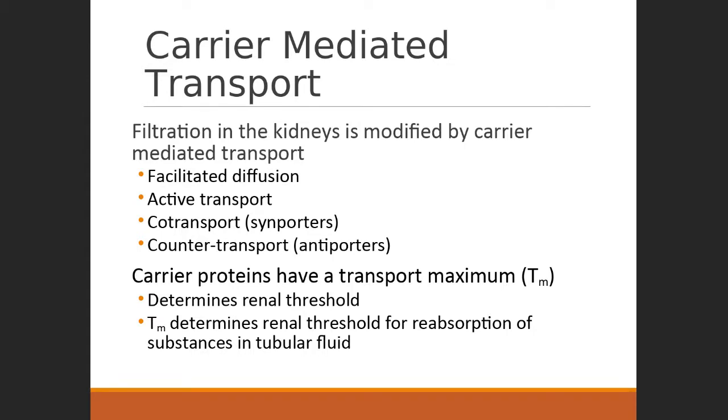Now, any of this reabsorption that we're going to see involves protein carriers, and that's really the start of the key to understanding how we reabsorb just enough solute to reestablish blood composition.